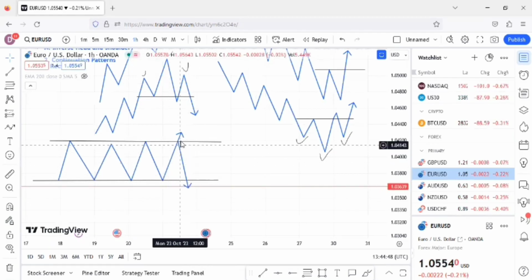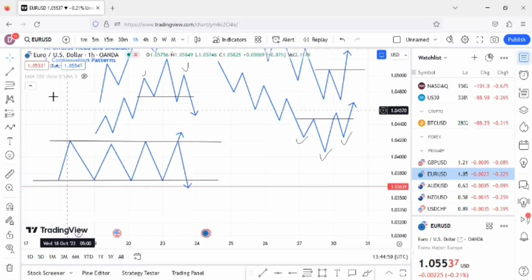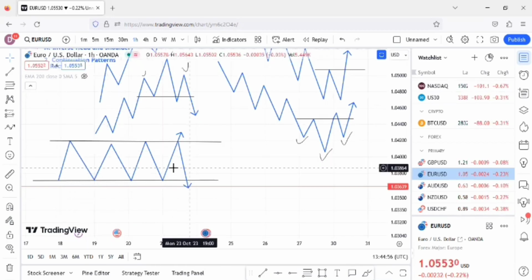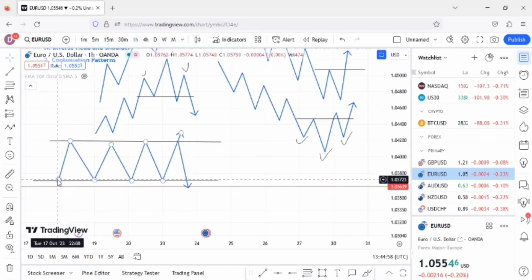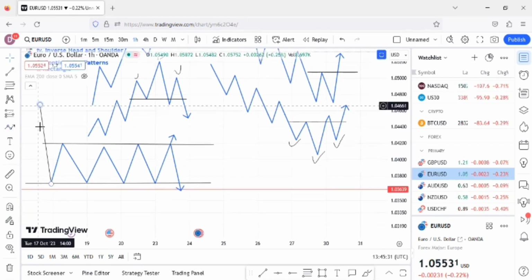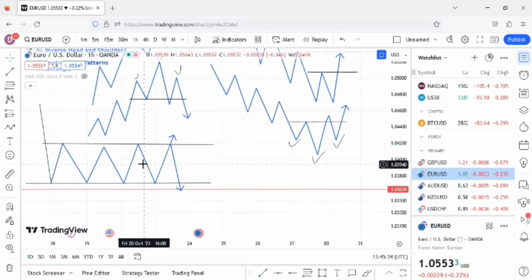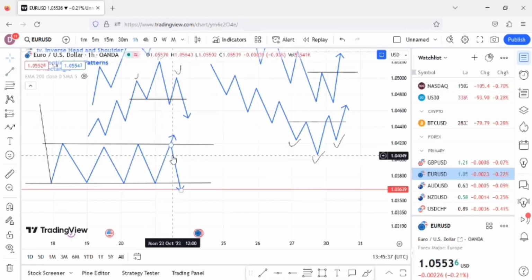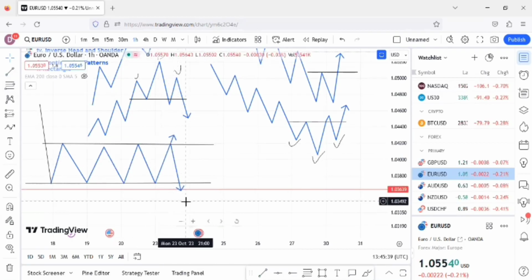But you have to wait for a break. If you find this in a downtrend, and you see this consolidation, like for example, you find it here, you are in a downtrend and it begins to consolidate, then you should be preparing that there might be a continuation.